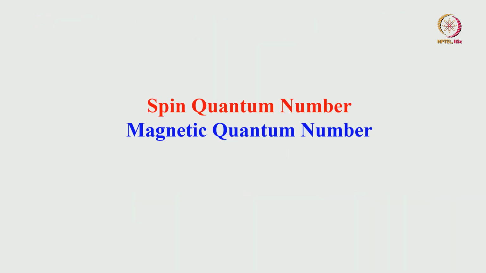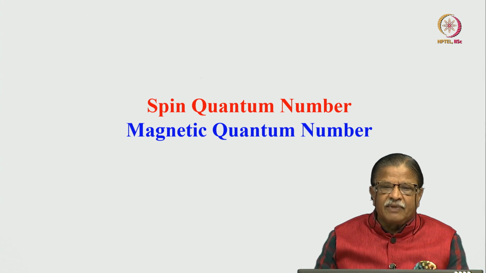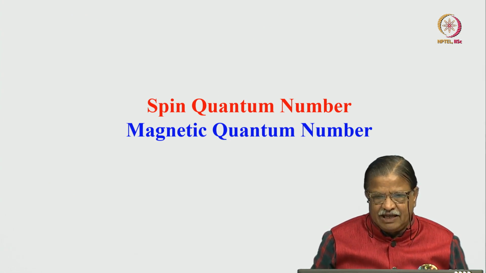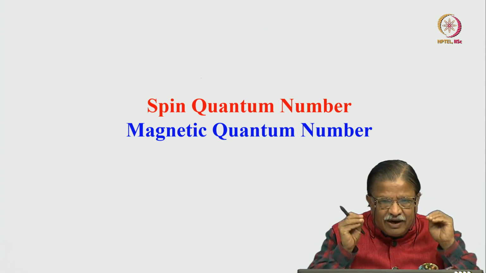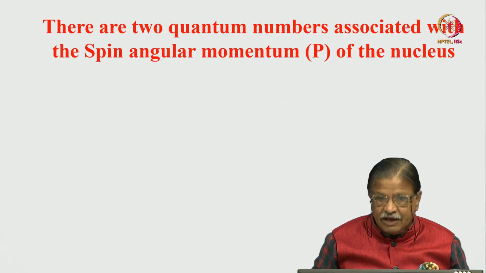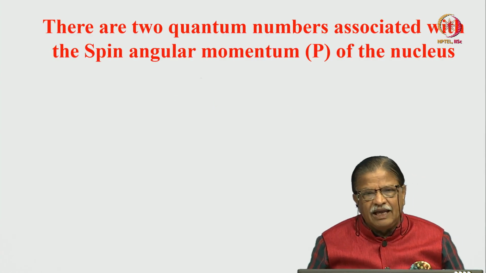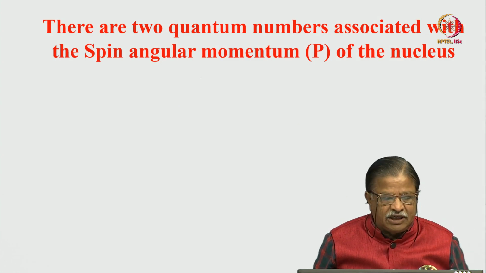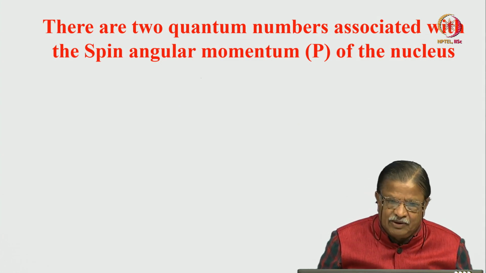Now with this, let me introduce to you something about what is called a spin quantum number and a magnetic quantum number. This is a very important concept. You require to understand this to know the concept of NMR. For example, if I consider any nucleus, there are 2 quantum numbers associated with the spin angular momentum of the nucleus.